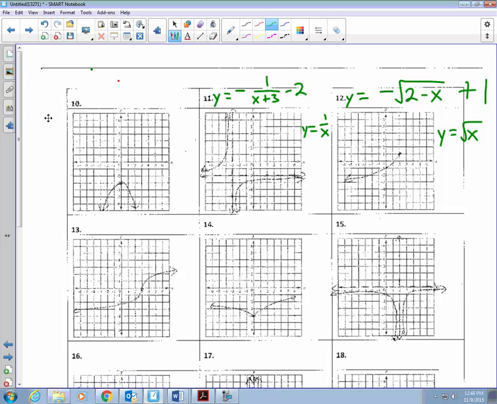So 2 minus x. That way, 2 minus 2 is 0, so it's shifted 2 units to the right, and the negative is in front of the x. If you wanted to think about it this way, you could say it's an x minus 2 because it shifted 2 to the right, and then you run a negative through it, and then it would be a 2 minus x. Either way you think about it would be the same.